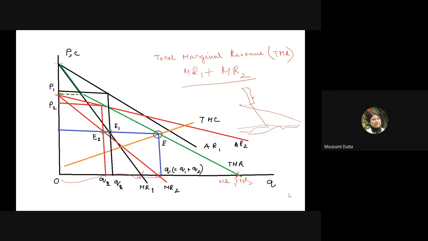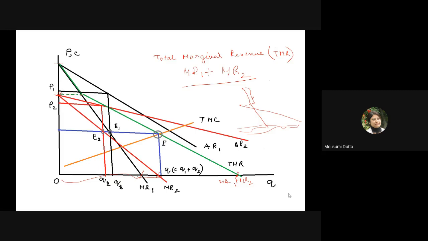That aggregate production you will get equating total marginal cost with the total marginal revenue curve. Though you are selling the commodity in different markets, your source, that is the plant, is a single plant. So first you have to say what will be your total production. So this is the intuition behind it.